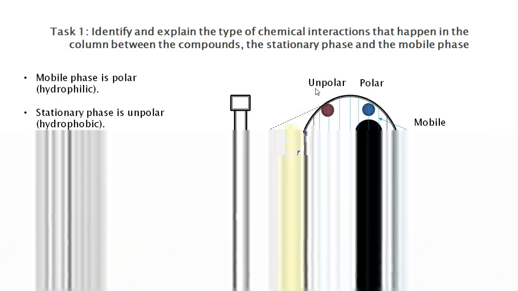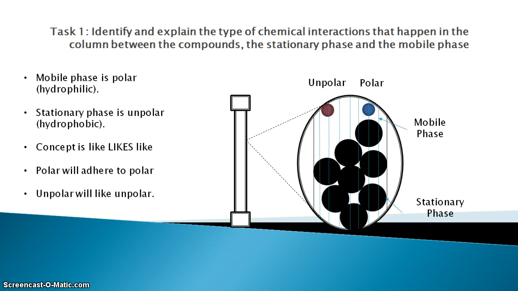Basically, the mobile phase for reverse phase HPLC is polar. In other words, it's hydrophilic. And the stationary phase over here is unpolar and hydrophobic. So when we have a sample that's unpolar, when it goes through the column, it's more likely to adhere to the stationary phase, because the concept is that like likes like.